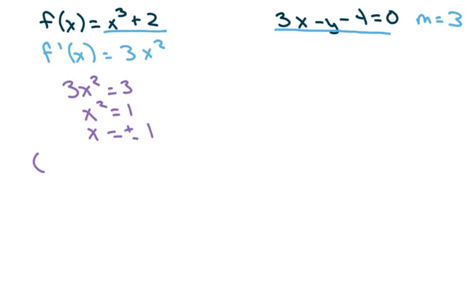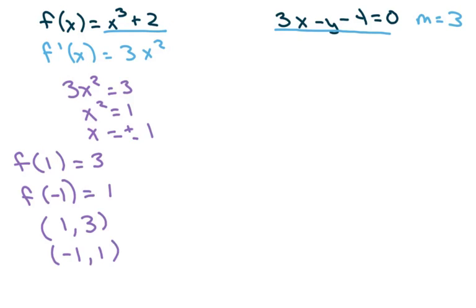Now you plug in 1: f of 1 equals 1 plus 2, which is 3, and f of negative 1 is negative 1 plus 2, which is 1. So our 2 points are 1 comma 3 and negative 1 comma 1.